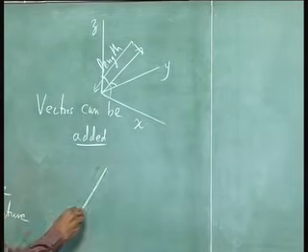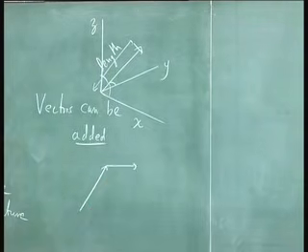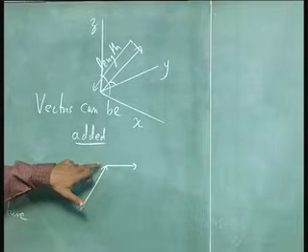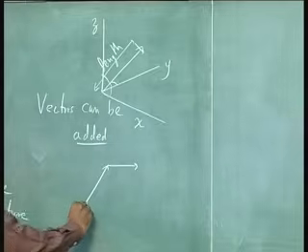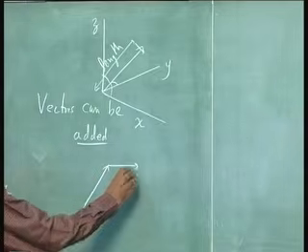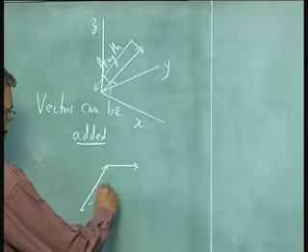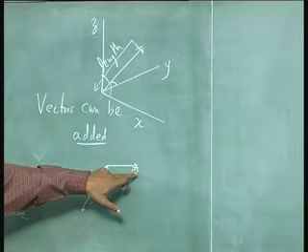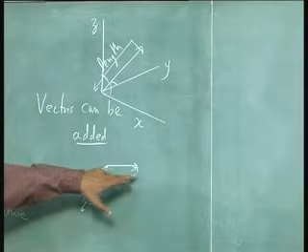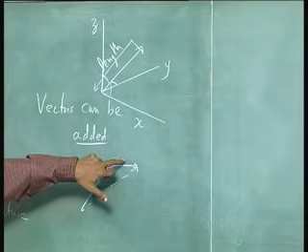You start with the first vector and place the second vector with its foot on the nose of the first vector, and then join the tail of the first vector to the nose of the second vector. This dashed line is defined as the sum of this vector and this vector.